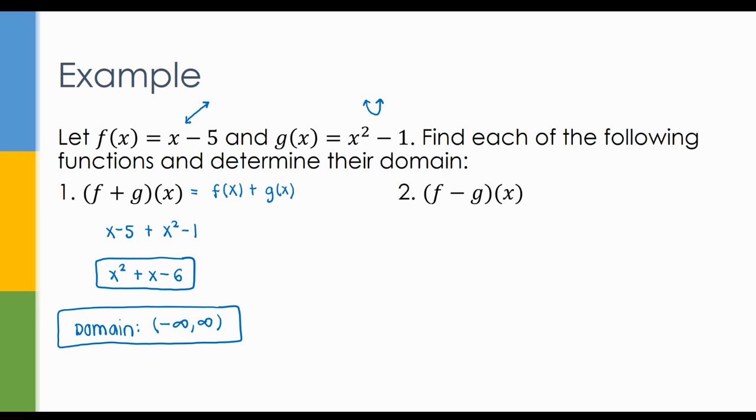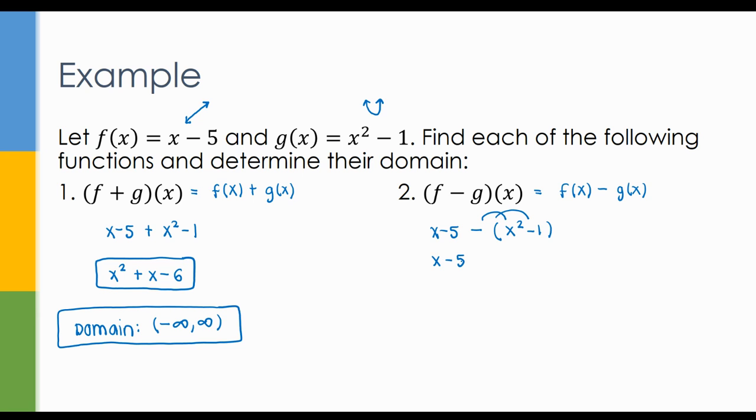Okay, if I look at this next one, since it says f minus g, I know I want to take f of x minus g of x. So once again, f of x is x minus 5 minus, and now in parentheses, there's two things for g of x. So I have to keep them in the parentheses so I make sure that I actually subtract correctly. So I'm going to have to distribute that negative.